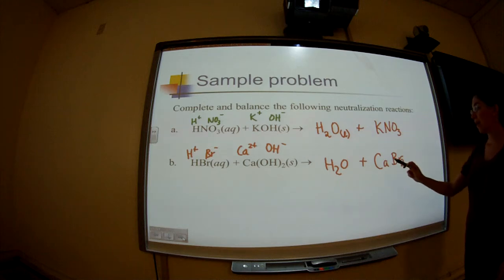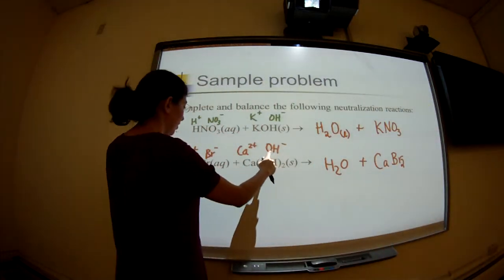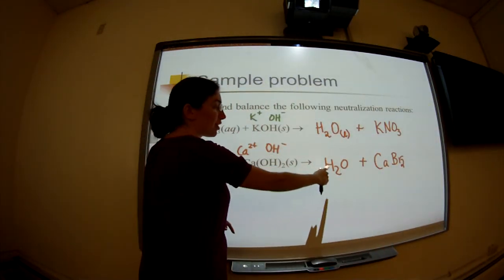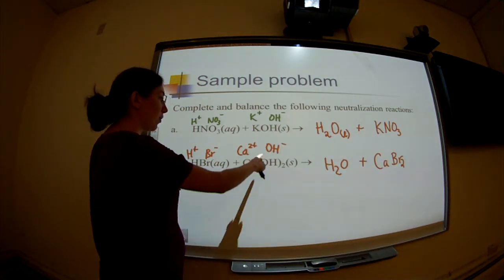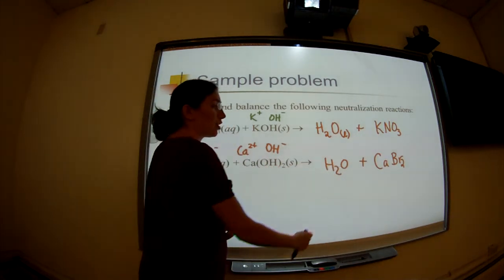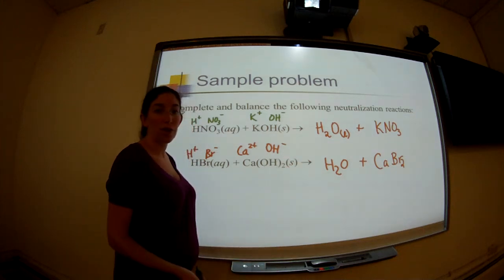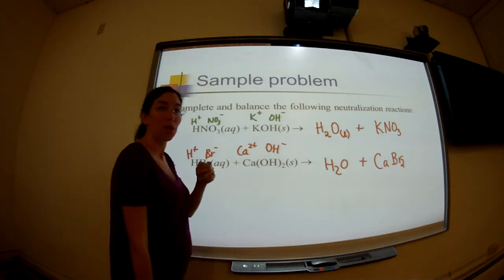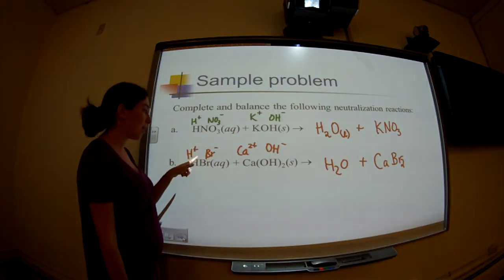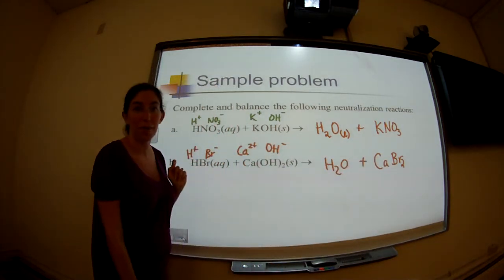So now we've got to check and see that we're balanced, which I'm already going to tell you we're not. We have 2 hydrogens here and 2 hydrogens here. Check, that's okay. We have 1 oxygen here and 1 oxygen here. So we probably don't need to change our coefficient on our water molecule. We have 1 calcium and 1 calcium. Cool. And we have 1 bromine and 2 bromines, so that's going to be a problem.